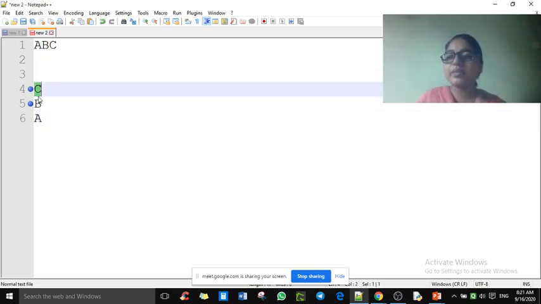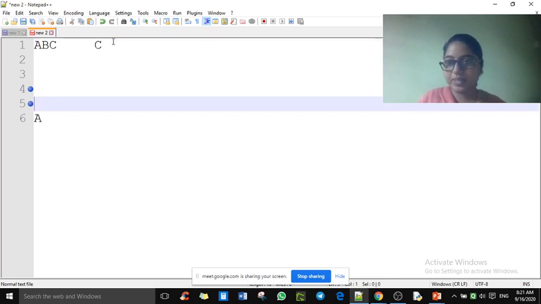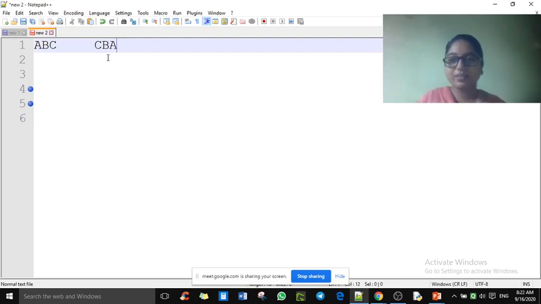So first will be C. Say I removed that C. I kept that C here. Then I removed B. I kept it here. I removed A and I kept it here. Yeah. So it's now clearly visible that ABC is reversed as CBA. So instead of keeping those elements in the stack, now I kept them in a list, in a sequence as a string. So this is the application of stack, that you can reverse any string. So this is the first application.